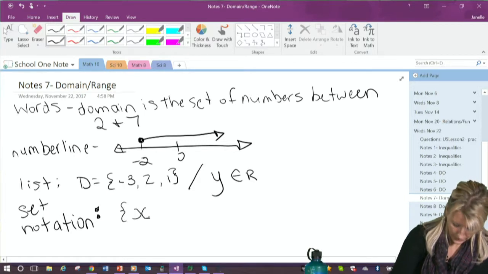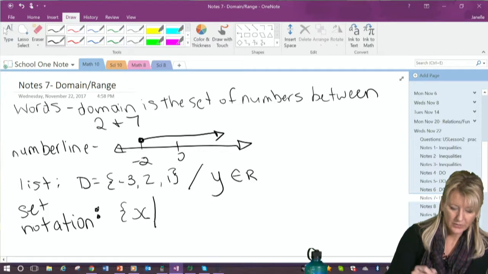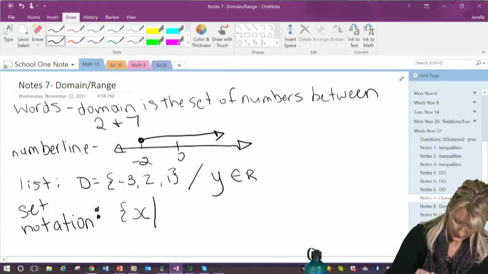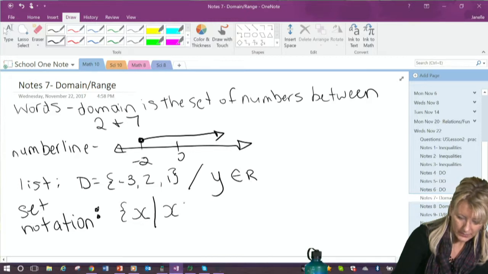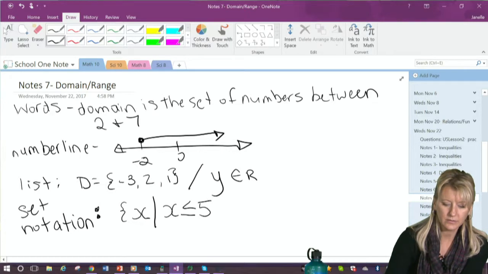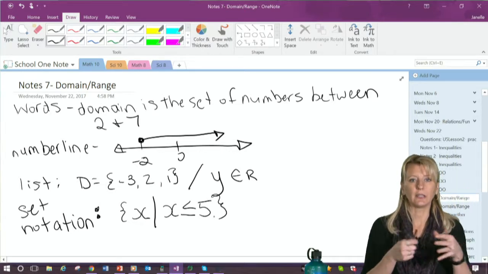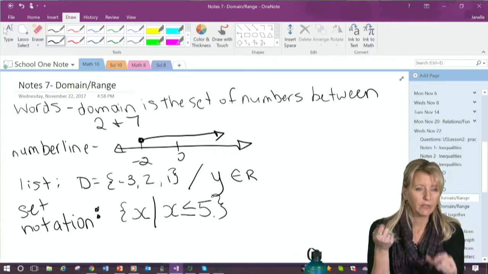You say you're talking about domain, so we're talking about X. Then you say X, and this is where you write your inequalities, something like this. That's what set notation is. It's using the inequalities, which you guys have done. Do you have to write it like that every time?